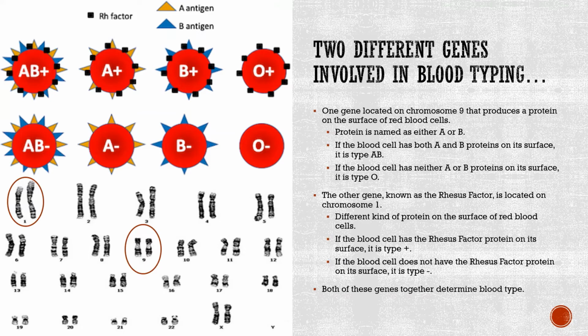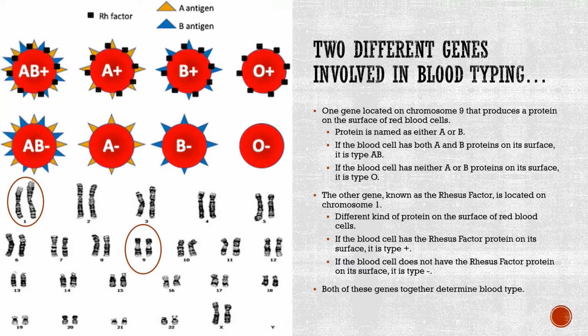The other gene, known as the rhesus factor, is located on chromosome 1. It's called the rhesus factor because it was first discovered in rhesus monkeys. But this is a different kind of protein on the surface of red blood cells. If the blood cell has this rhesus factor protein sticking off the cell membrane, it is called positive.